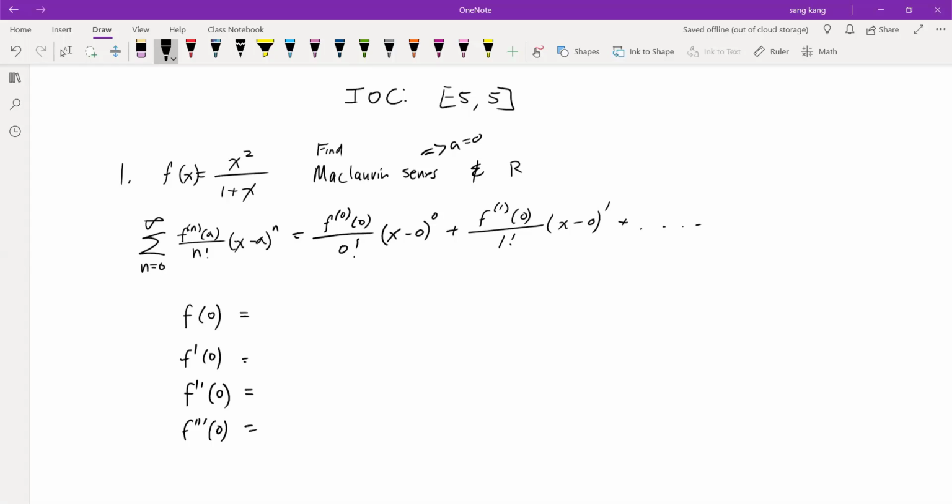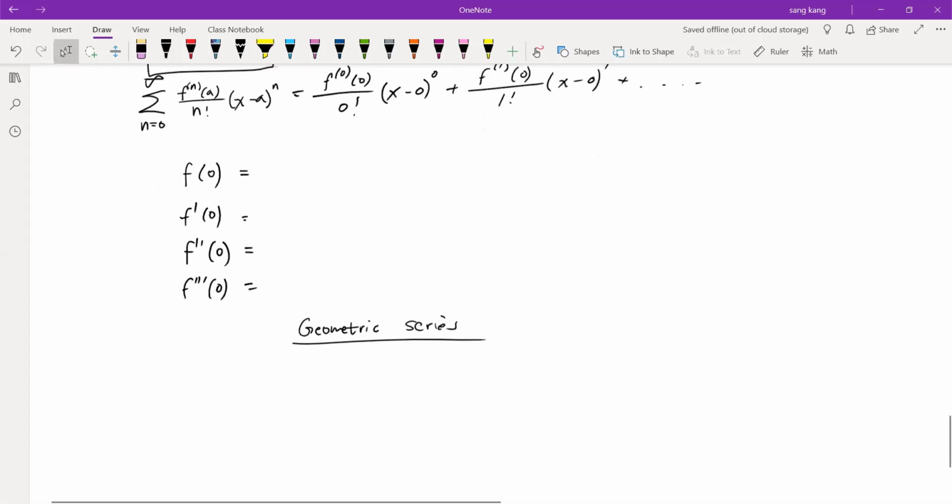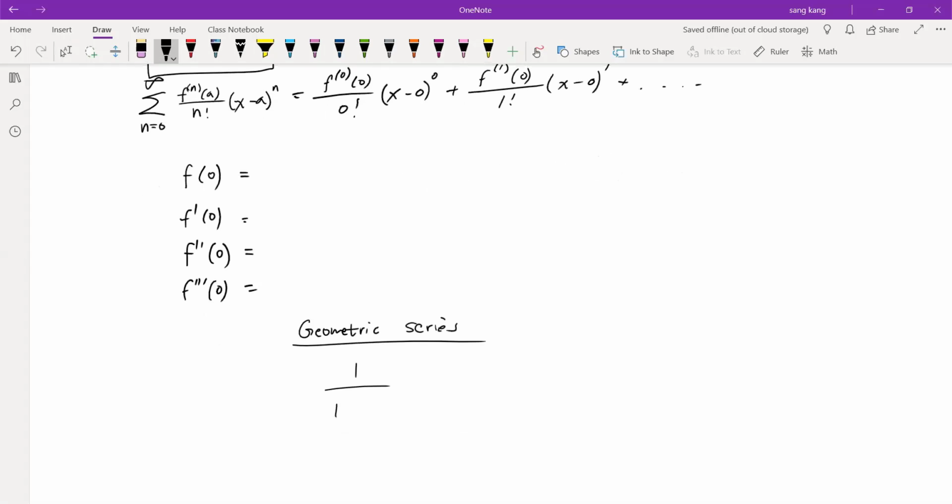So you could do this, or since we know our definition of the geometric series, we start with the geometric series, and this is a little bit faster, I think, and more eloquent than trying to do it this way. Geometric series. So we start with 1 over 1 minus x, and this is equal to the sum of x to the n, n equals 0 to infinity.